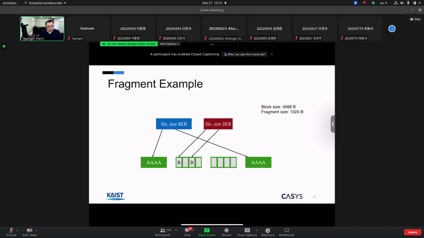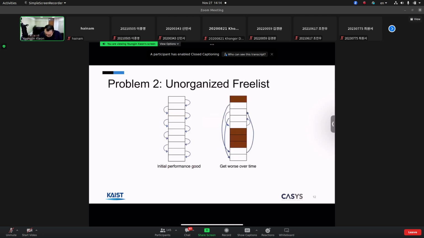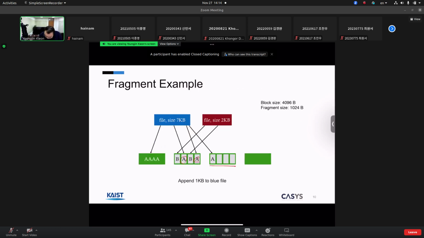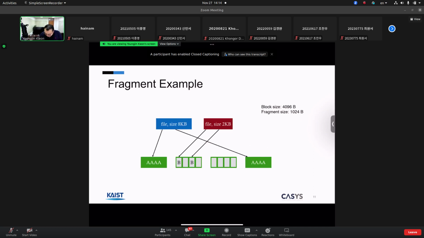Allocate 1 more chunk, 1 more fragment, then say 1, 2, 3 kilobytes are used. So these 4 kilobyte chunks are newly allocated, and they are migrated into this one, and then freed. Because of that, the managing unit and the actual allocation unit are different.